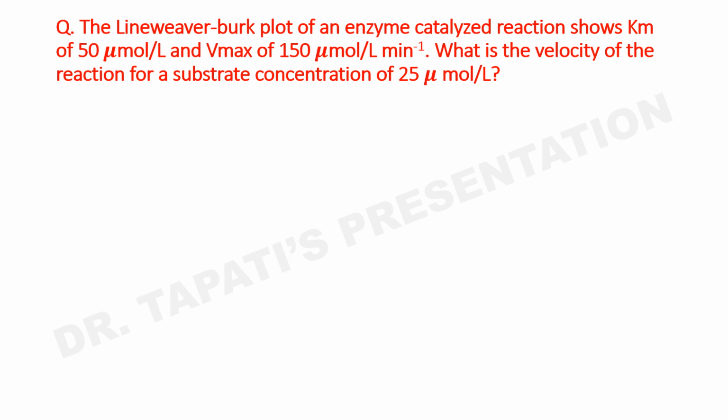What is the velocity of the reaction for a substrate concentration of 25 micromole per liter? We have to calculate velocity. Km and Vmax values are given, and substrate concentration is also given.